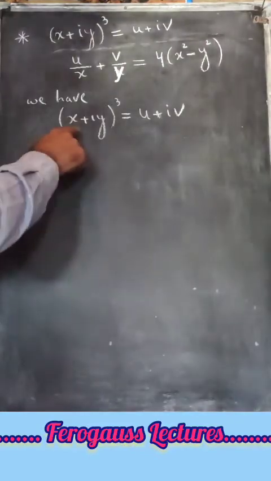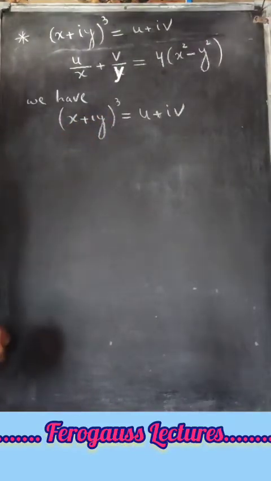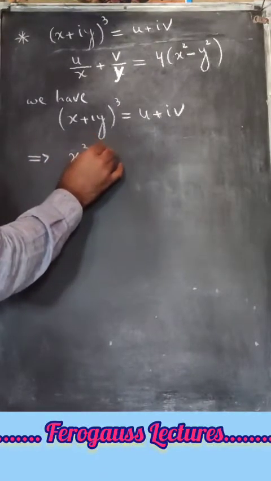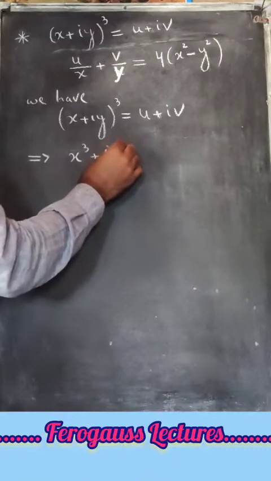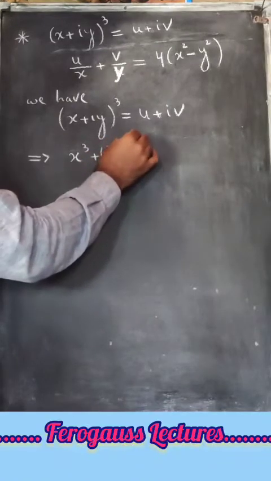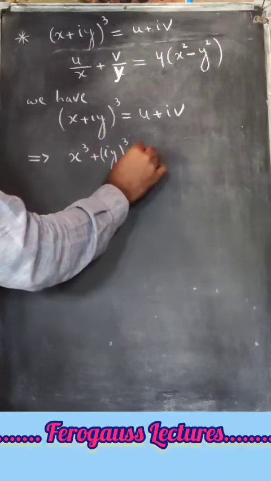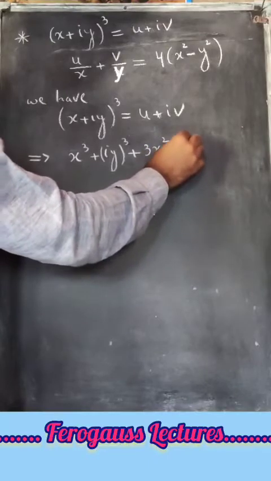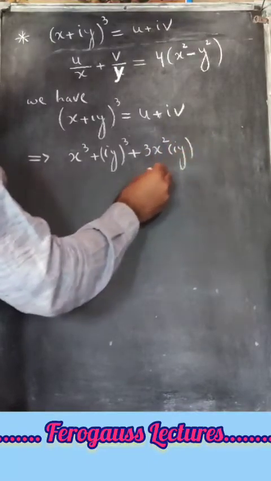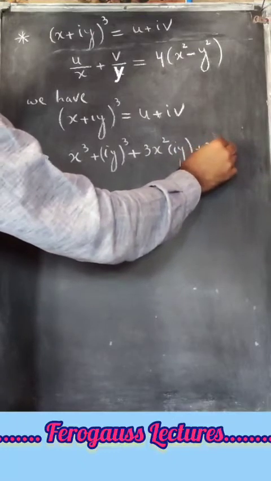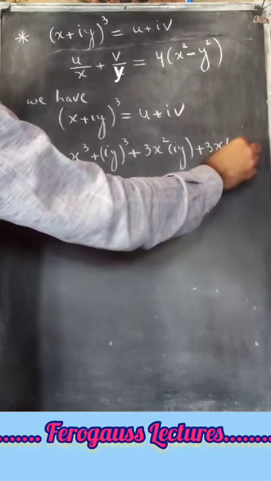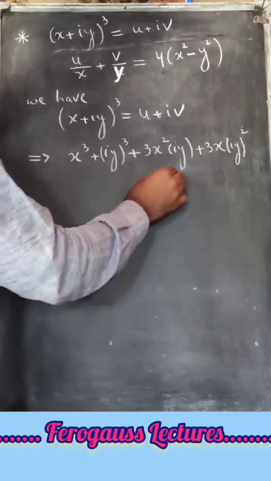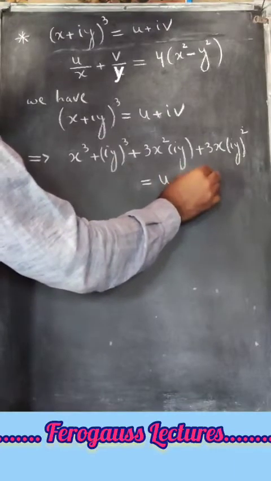Now it is of the form (a plus b) whole cube, so that is equal to a cube, that's x cube, plus (iota y) cube, plus 3 times a square, that's x square, into b, that's iota y, plus 3 times a b square, that is x, into (iota y) square, that is equal to u plus iota v.